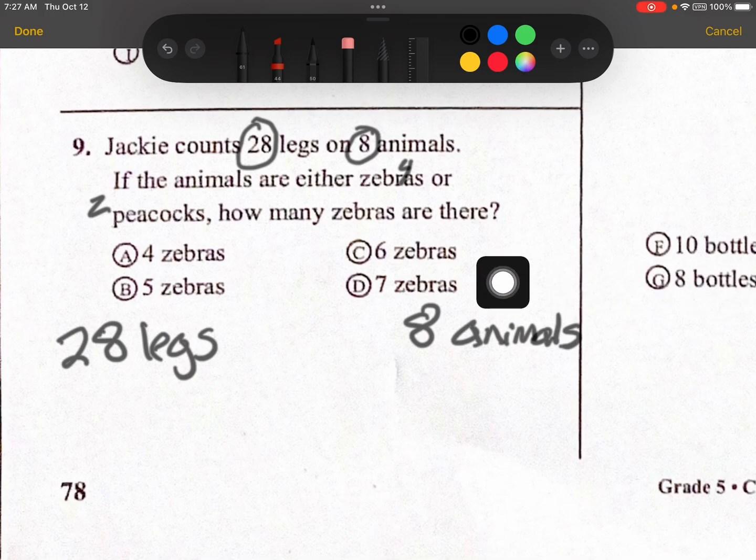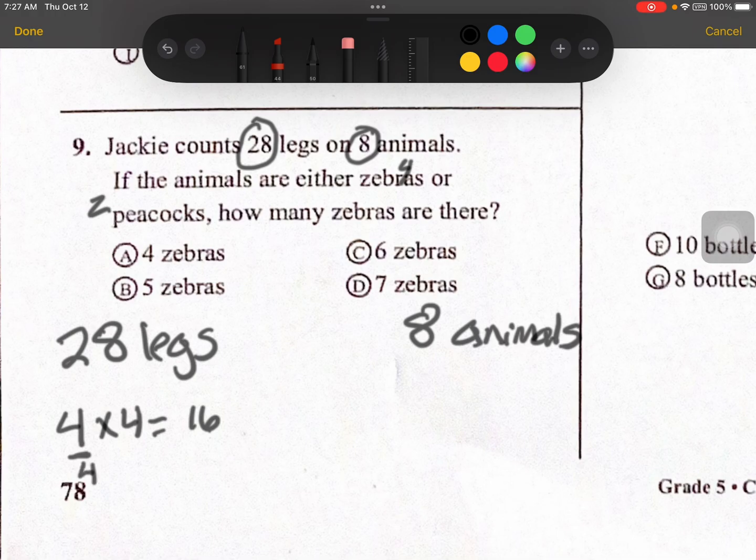Well, if I had 4 zebras, they know that a zebra has 4 legs. 4 times 4 would equal 16 legs. Now, if I have 4, but I need 8 animals, that would mean I'd have 4 peacocks. And peacocks have 2 legs. That would equal 8. Then I can add 16 and 8 together.